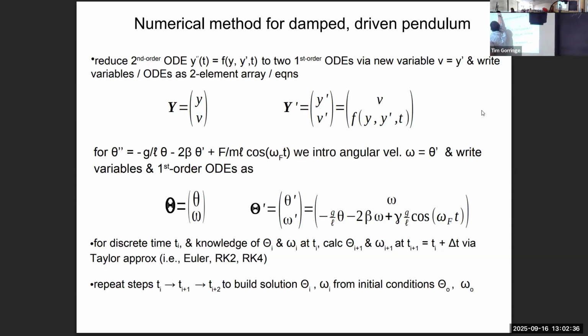Upstairs is the form of it. Remember, a second-order differential equation has a general form in which the second-order differential of the dependent variable is equal to some function of the dependent variable, the first-order differential of the dependent variable, and the independent variable, denoted as time here.